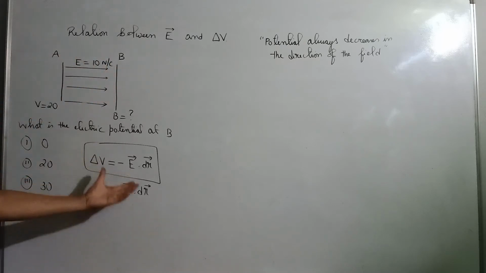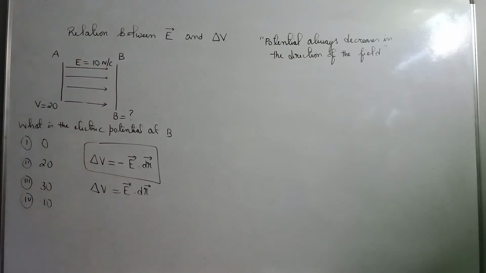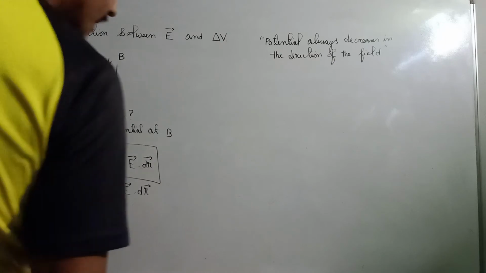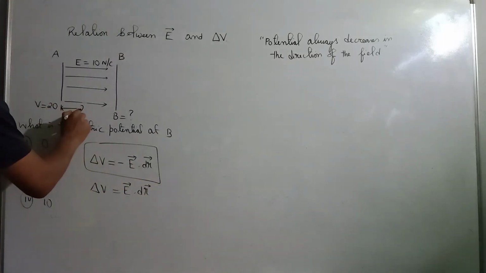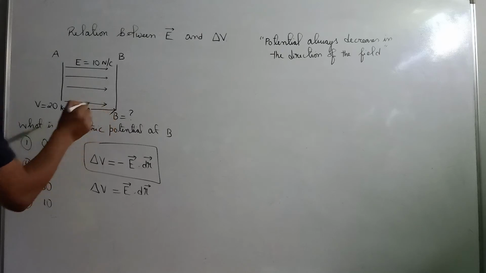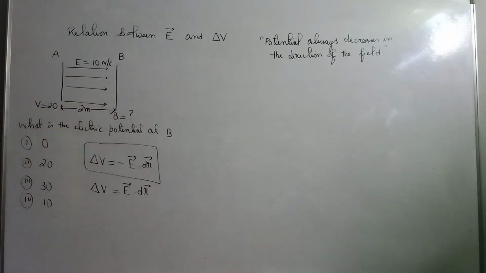Okay, you have the formula with you. Let's say that the distance between the two plates is 2 meters. So what will be the electric potential at point B? How will you do it?